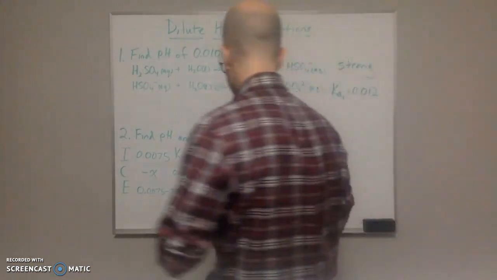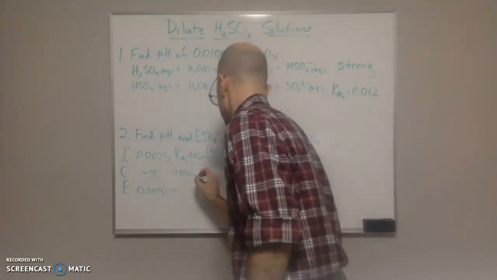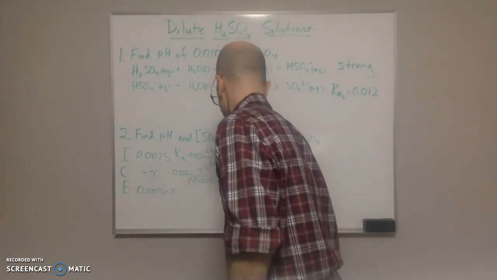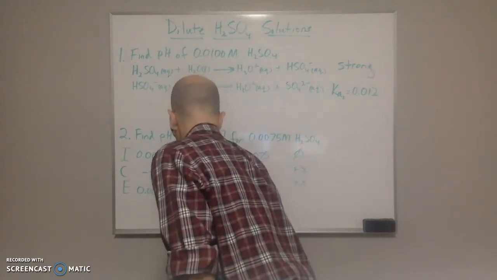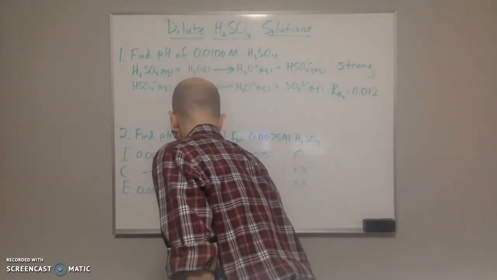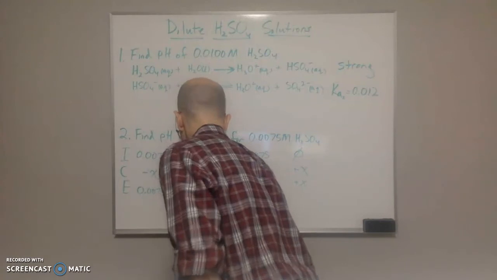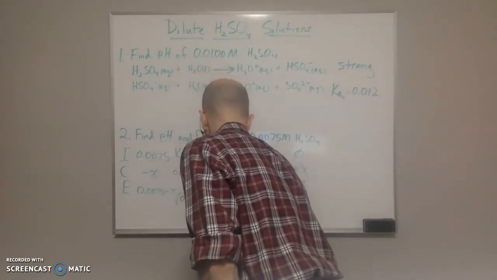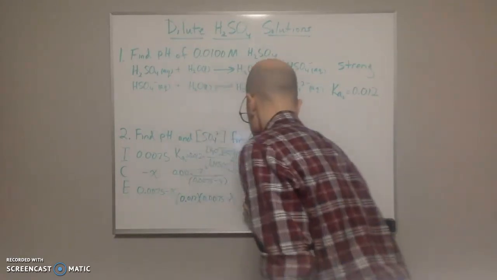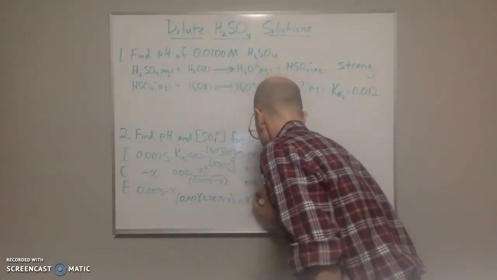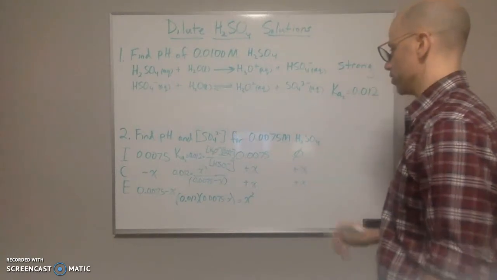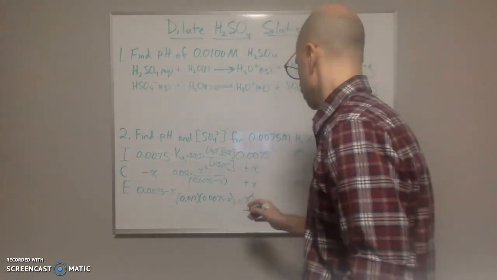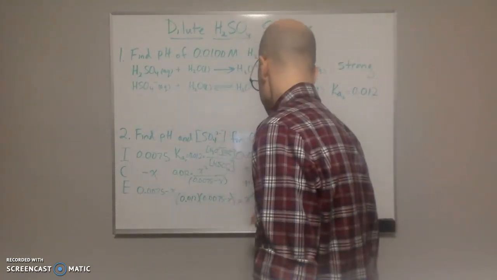What you're going to do is multiply both sides by the bottom. So again, we'll get 0.012 times 0.0075 minus X equals X squared. Then we're going to have to multiply this out.